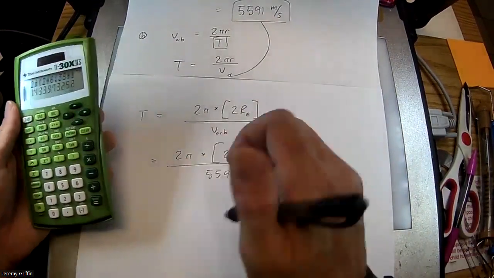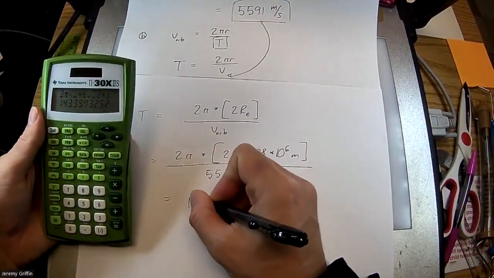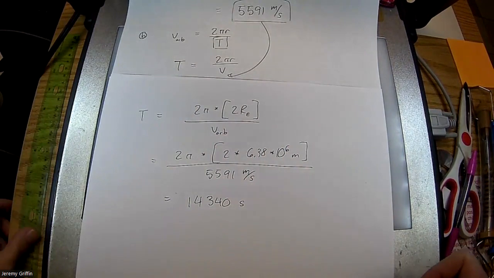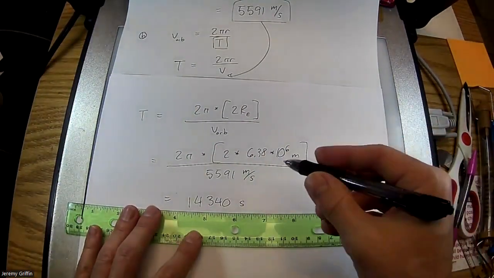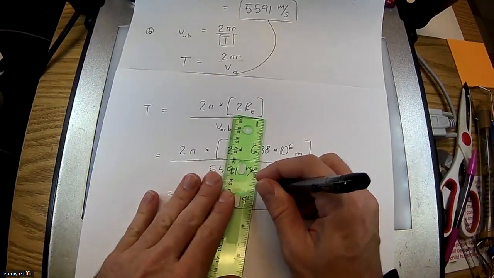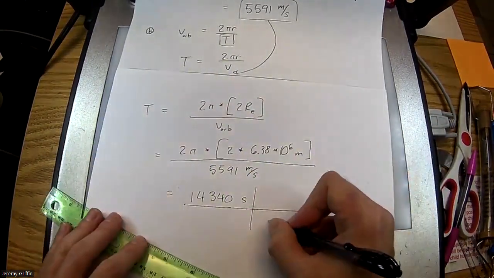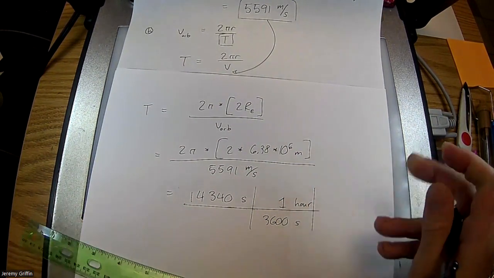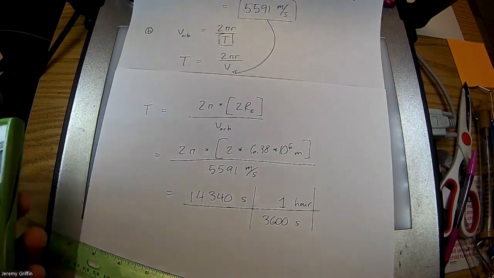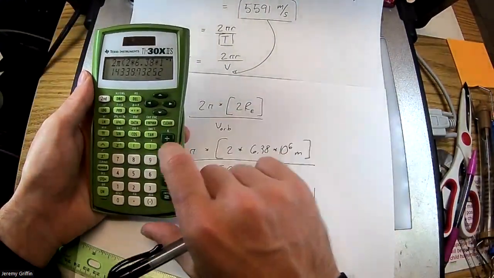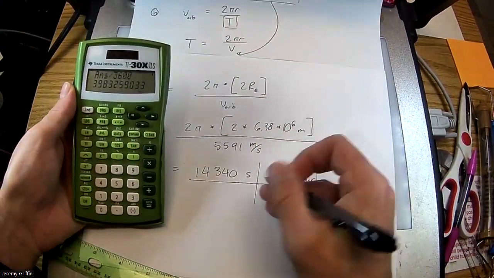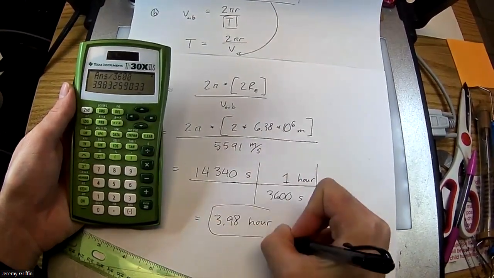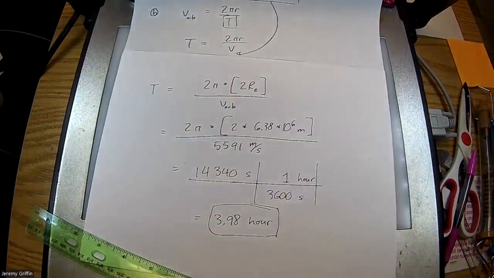Yeah, we're definitely getting a big number, about 14,000 seconds. Might it be reasonable to convert that to hours? 60 times 60 is 3,600 seconds in 1 hour, so an easy way for brains to crunch is dividing over 3,600. I'm getting 3.98, and hours is the unit. So you might even just call that 4 hours.